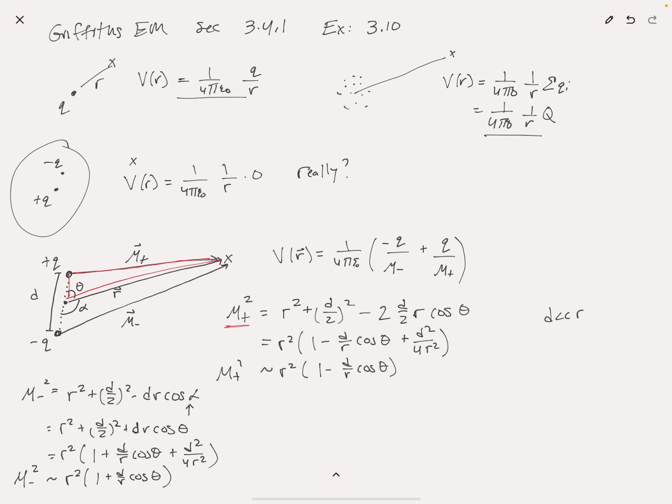All right, now I remember that the potentials all look like something over script r. I'm going to need to find out what 1 over script r is for each of these vectors.